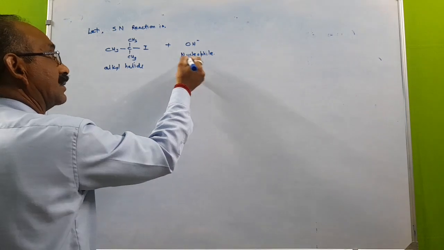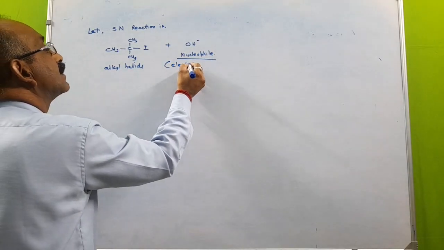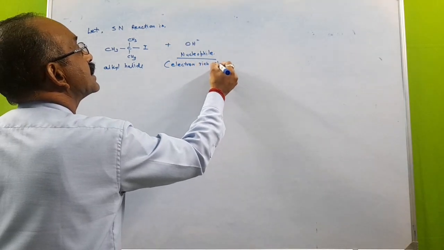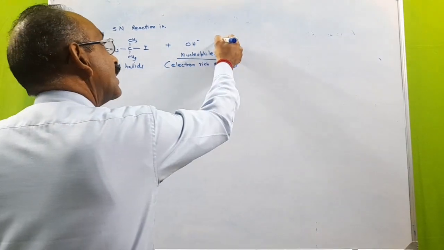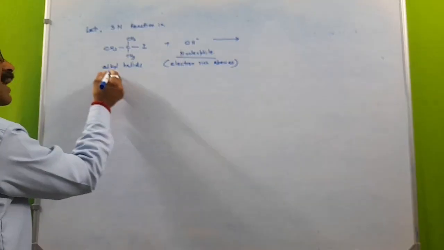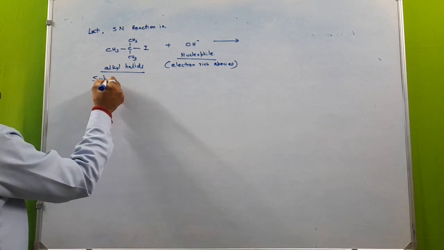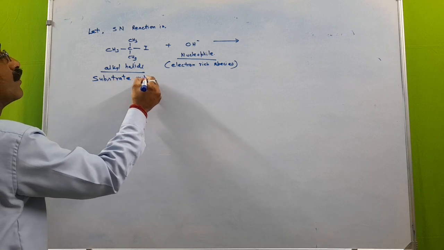As you know, the nucleophile is what? It is the electron rich species. And this alkyl halide is acting as a substrate molecule.